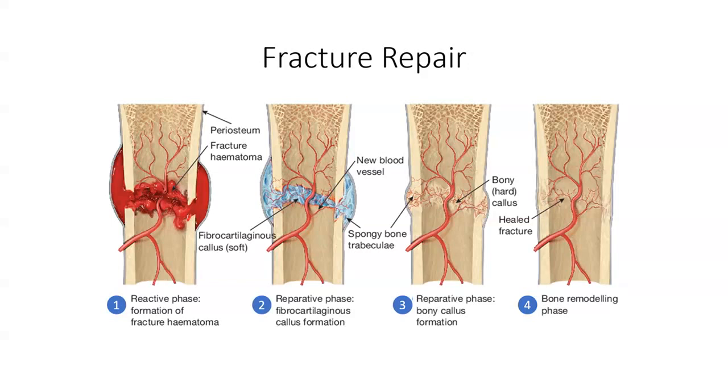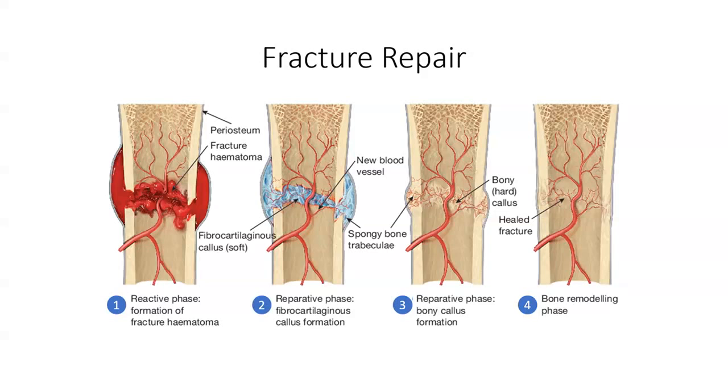And in addition, cells from the periosteum will develop into chondroblasts and begin to produce fibrocartilage. These events lead to the formation of our fibrocartilaginous callus, which is just a mass of repair tissue consisting of collagen fibres and cartilage, and it bridges the 2 broken ends of the bone. The formation of the fibrocartilaginous callus usually takes about 3 weeks.